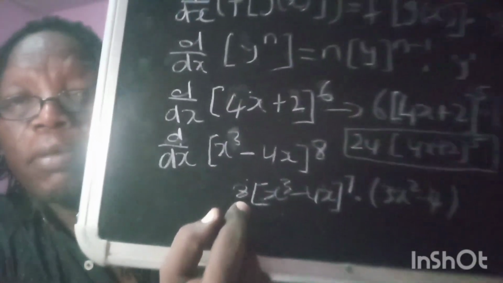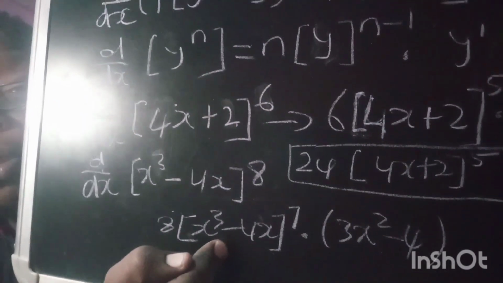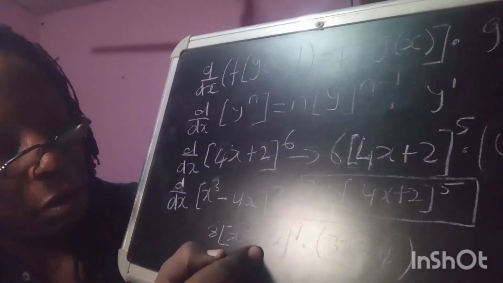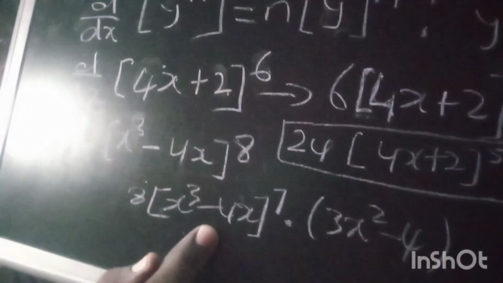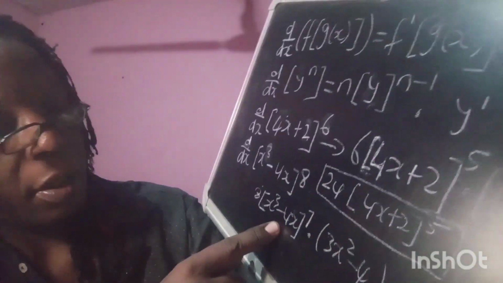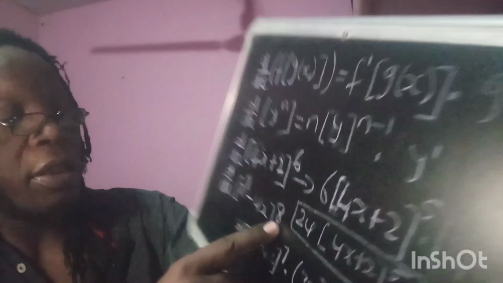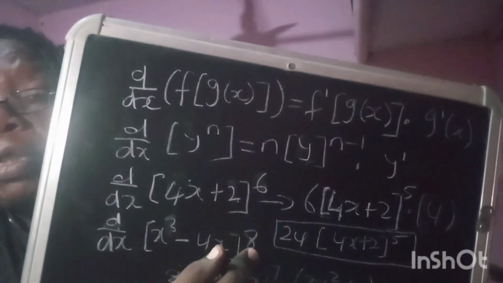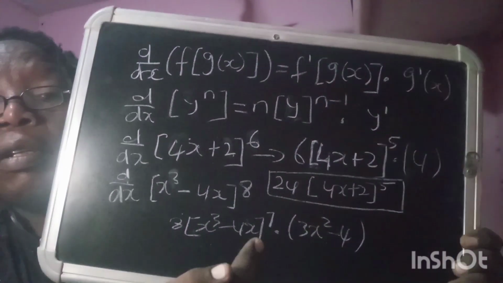You can see I'm writing small so that you can see this is 8, and x cubed minus 4x, and we have 7, because here we have subtracted 1 from 8 according to this formula up here.